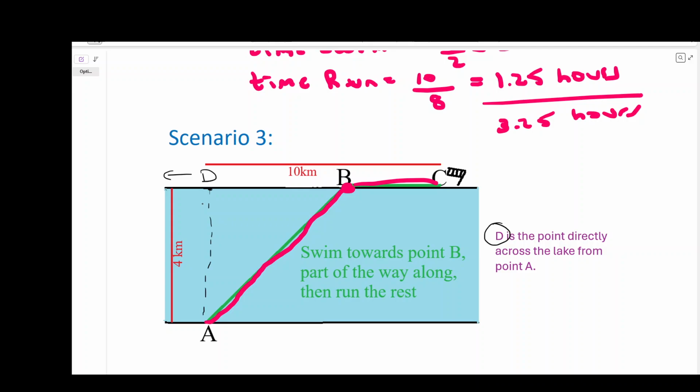It also helps me visualize that this is going to be a Pythagorean theorem situation, and I can clearly see the triangle that way. So D is the point directly across the lake, and this is where we need to do all of our math. We need to start introducing variables and figuring out a way of calculating the time based on where B is.